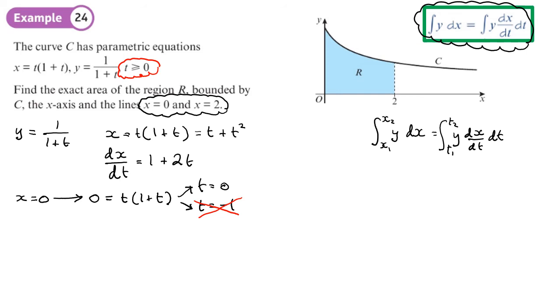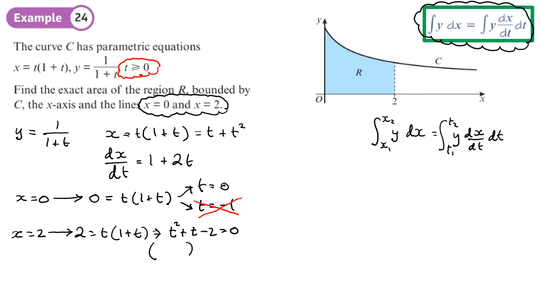and when x is 2, that means 2 equals t(1 plus t). So I reckon we can move the 2 across, make it a quadratic. So that would give us t squared plus t minus 2 equals 0.